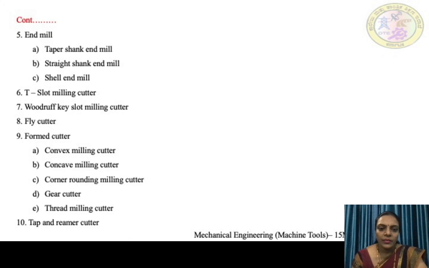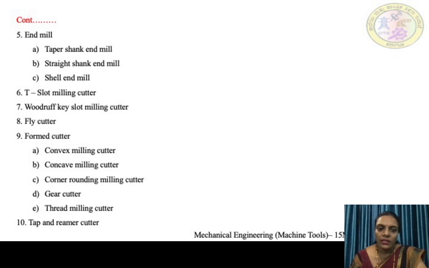The fifth type is the end mill, further classified into three types: taper shank end mill, straight shank end mill and shell end mill. The sixth type is the T-slot milling cutter. The seventh one is the Woodruff key slot milling cutter, the eighth type is the fly cutter, and the ninth one is formed cutters.